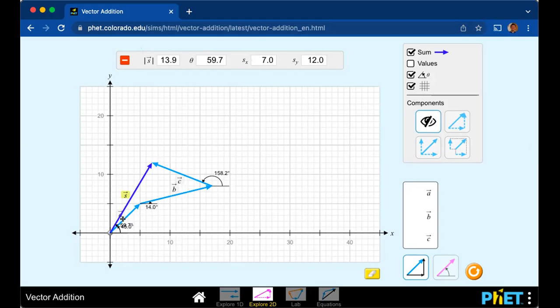To determine the magnitude, you have to measure the length of the resultant, and that's the magnitude. And the direction is about 59.7 north of east. This is the polygon method.